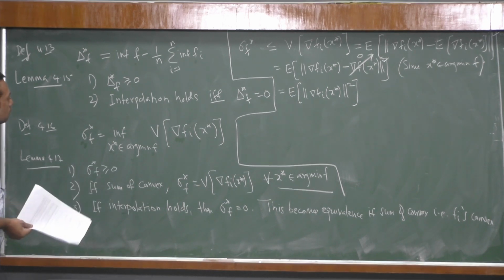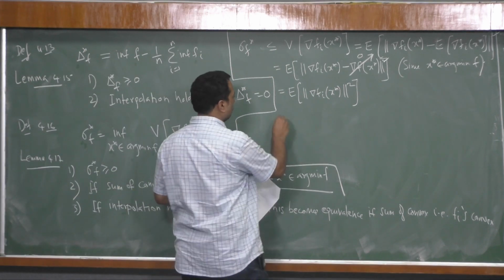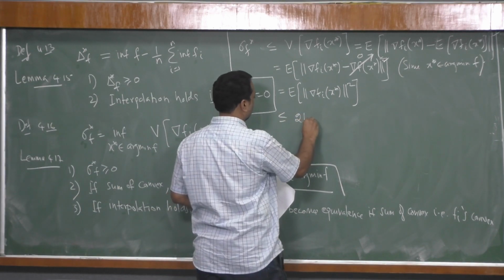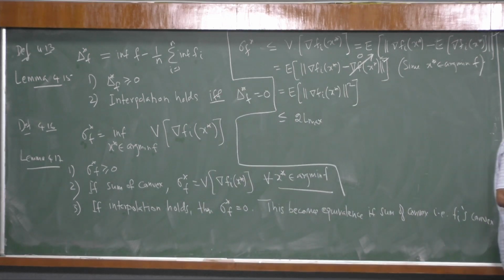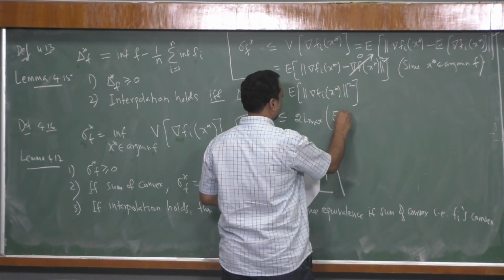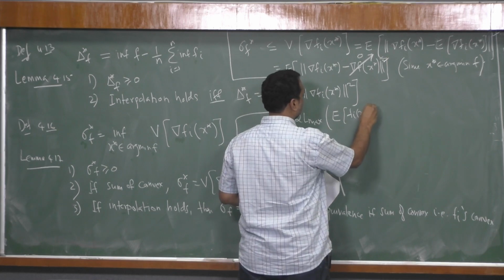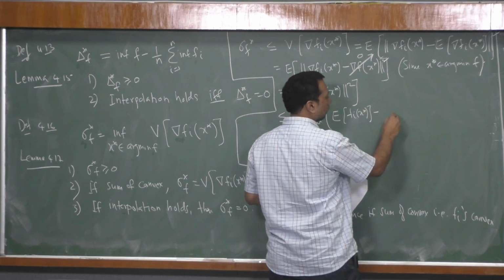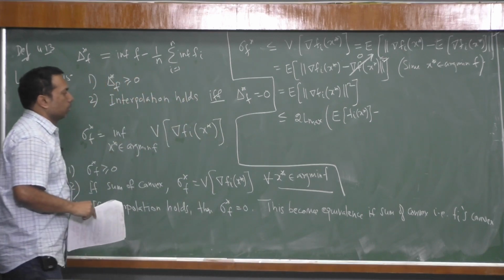Oh yeah, but expectation of f_i will be the infimum of f. Okay, so it seems okay, right? So this is 2L max, and we are taking expectation, so expectation being linear, it will go inside. So expectation of f_i x star minus, so the infimum of f_i will be something fixed, right?